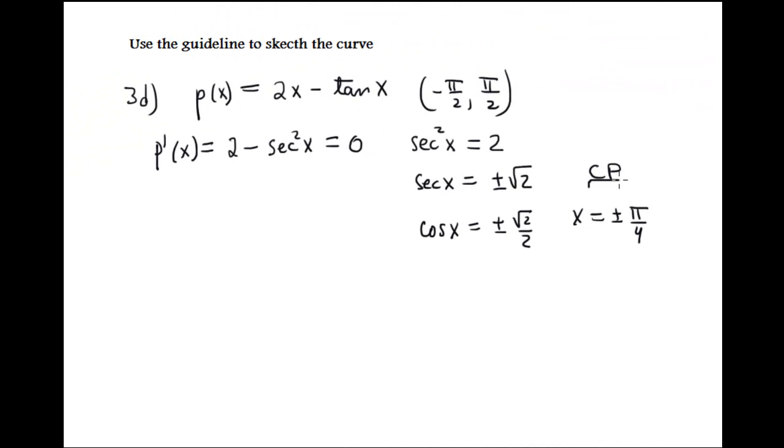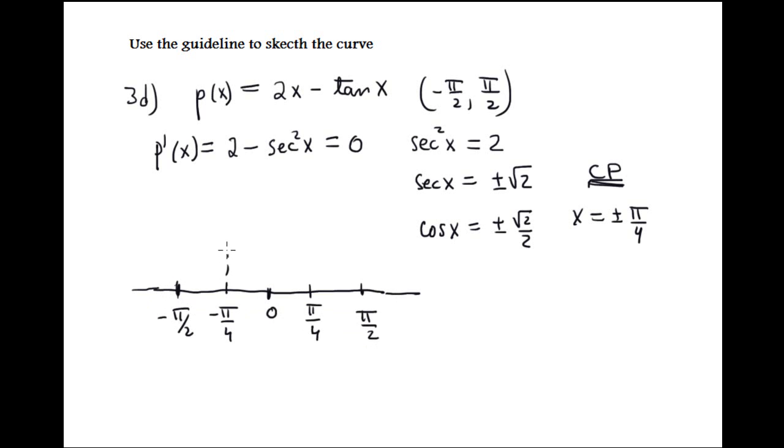Okay, let's verify these critical points using the first derivative test. This is negative pi over 4, this is positive pi over 4, this is 0. Remember, this is negative pi over 2, our interval, positive pi over 2. These are the critical points.